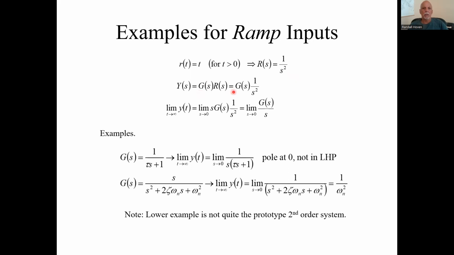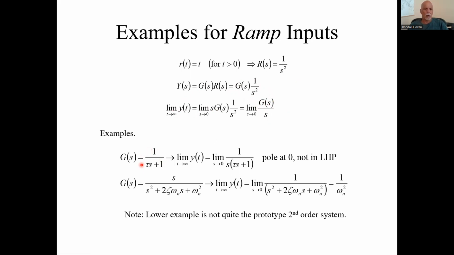So if you multiply these two together, in this case it's G(s)/s². To apply the final value theorem, you still have an s in the denominator. So it's not just as easy as plugging in 0 in the transfer function. You have to actually go through this.